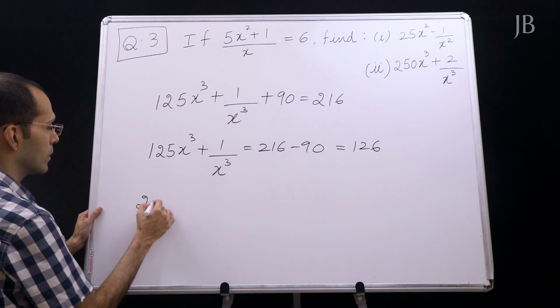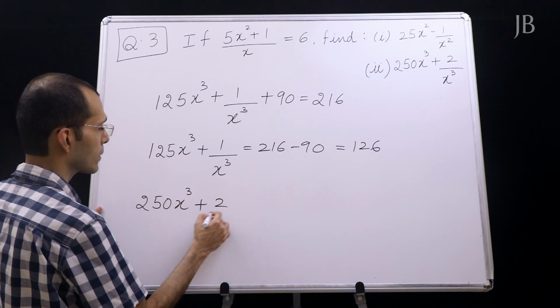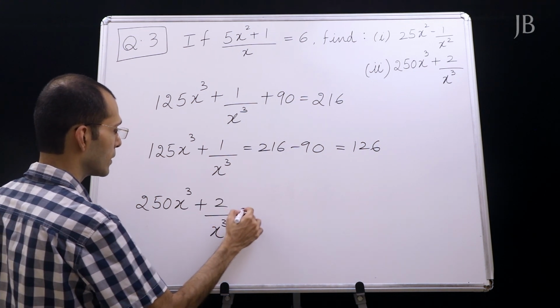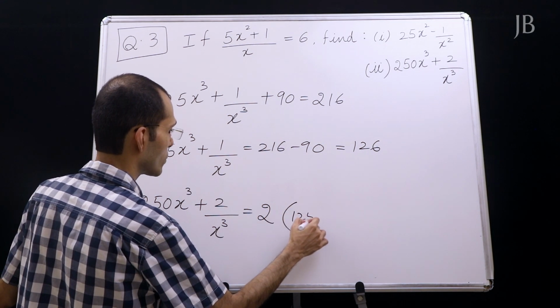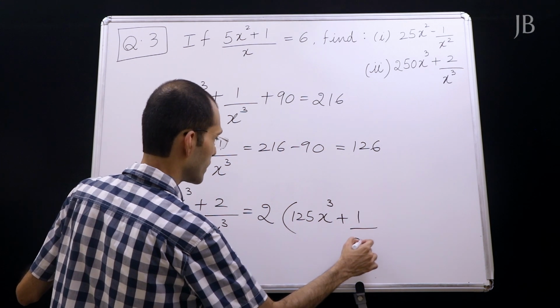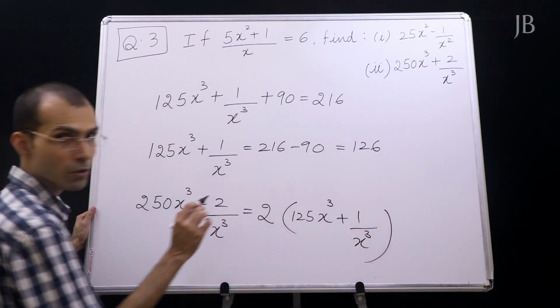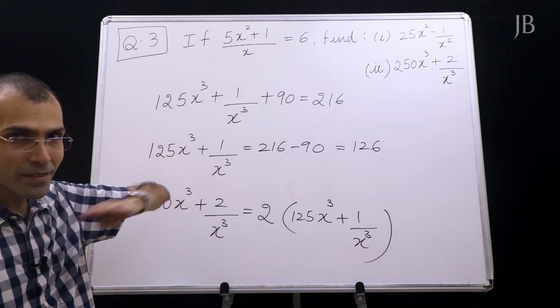Now 250x cube plus 2 upon x cube will be twice of 125x cube plus 1 upon x cube. We have taken 2 common because in the beginning we realized that we are not getting any base term.